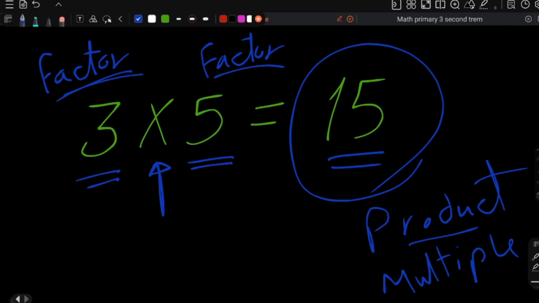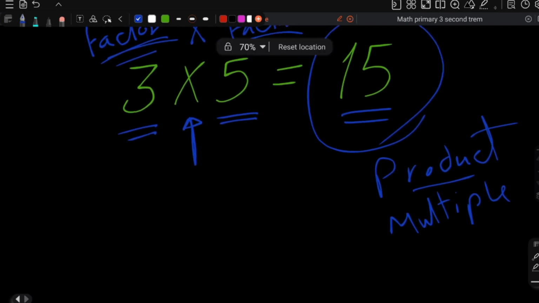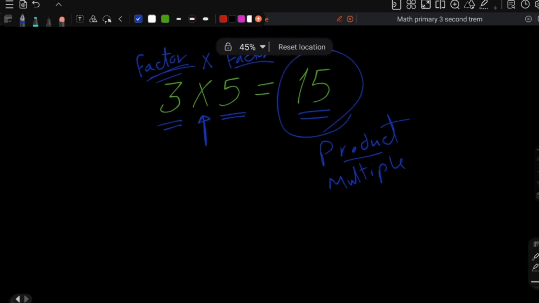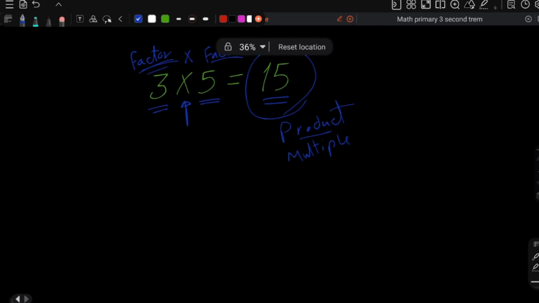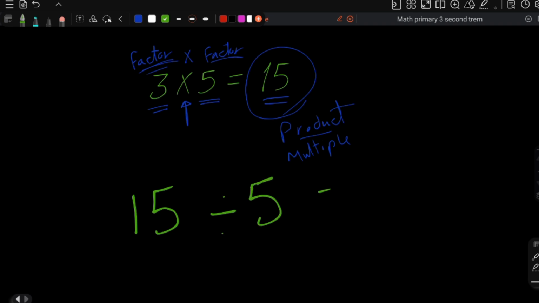Okay, so factor times factor gives me what? Yes, exactly, a product. And if we apply the same rule in division, let's apply it in the same example. 15 divided by 5 equals what? Yes, exactly 3.